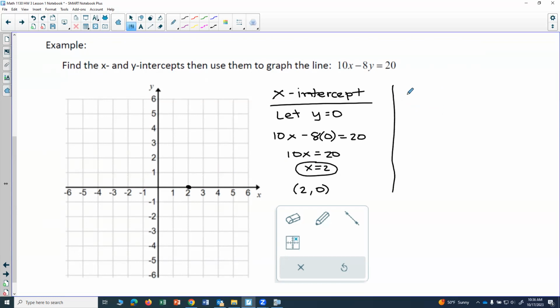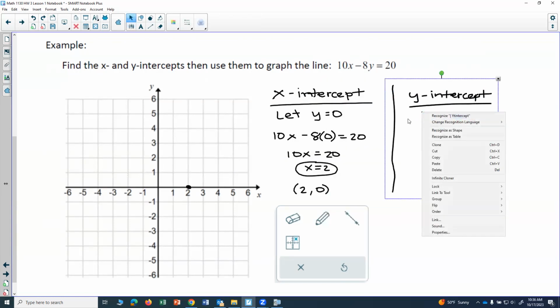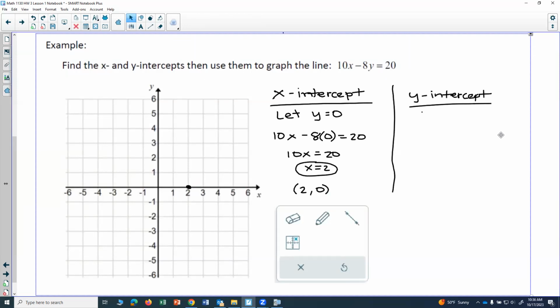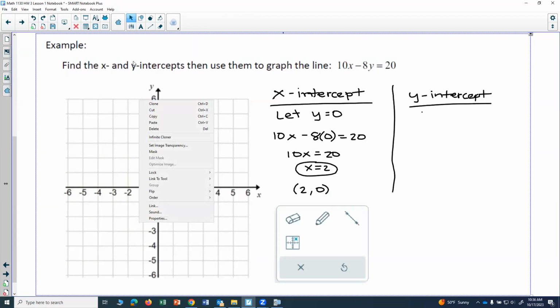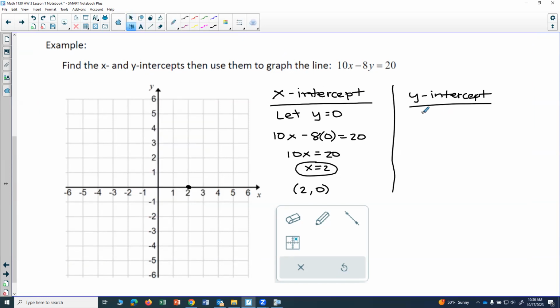All right, now let's find the Y-intercept. To find the Y-intercept, I want to let x equal 0. Let me grab my pen tool again.